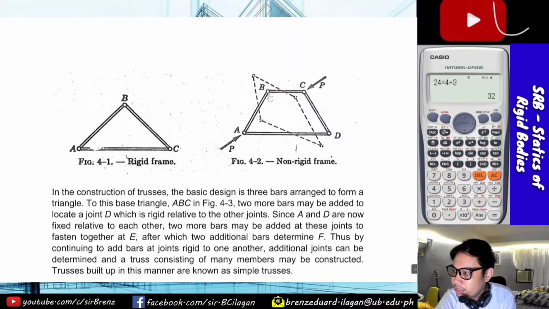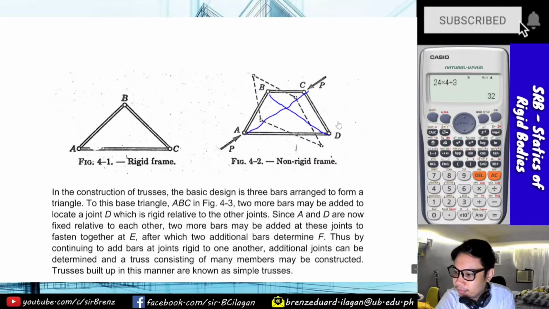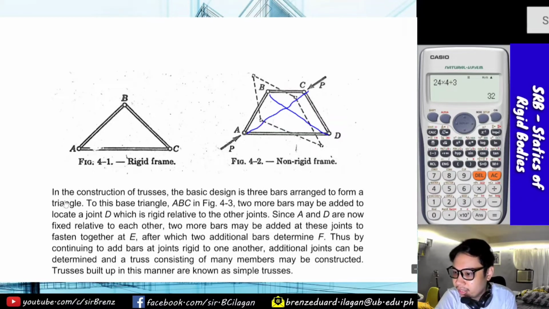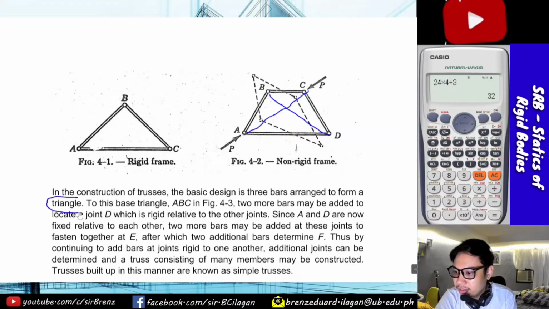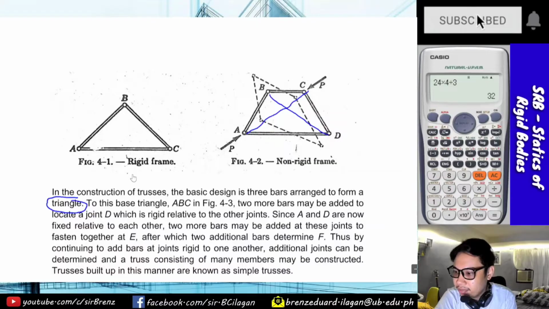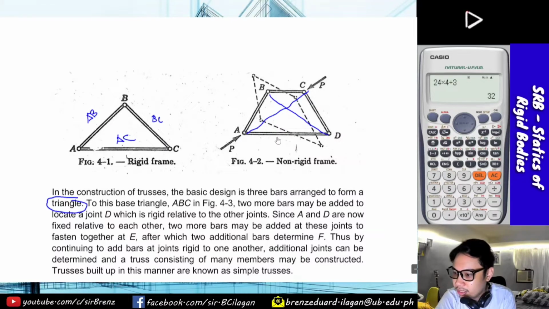So, one option here is to provide a bracing para at least ma-fix siya, hindi gumalaw. So, in the construction of trusses, the basic design is 3 bars arranged to form a triangle. Ayan. So, triangle yung mafo-form dapat na shape ng 3 member. So, ito binubuo ng 3 member, AB, BC, and AC. While for this non-rigid frame, binubuo siya ng 4 na member.